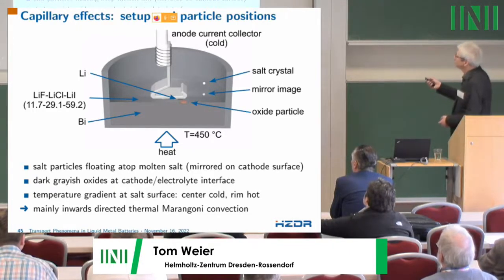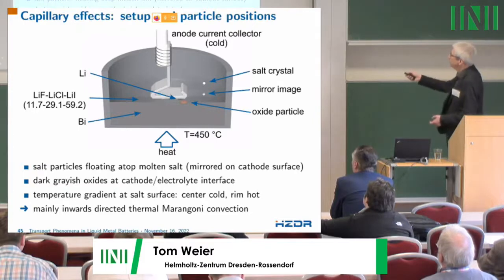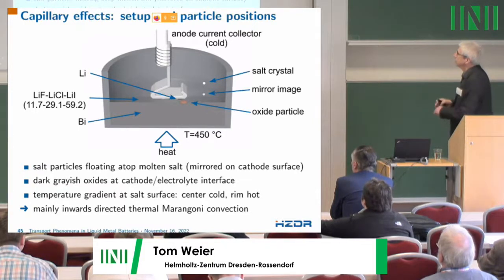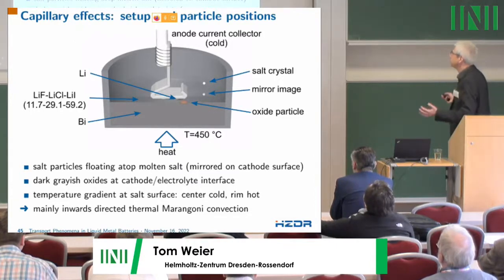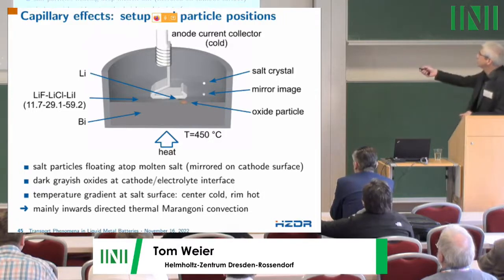There are salt crystals that float on top of the electrolyte. They are white, and they are mirrored on the cathode surface. It's pure metal, a very good mirror. So whenever you see a salt crystal, you see its mirror image as well. So this is very easy to detect.